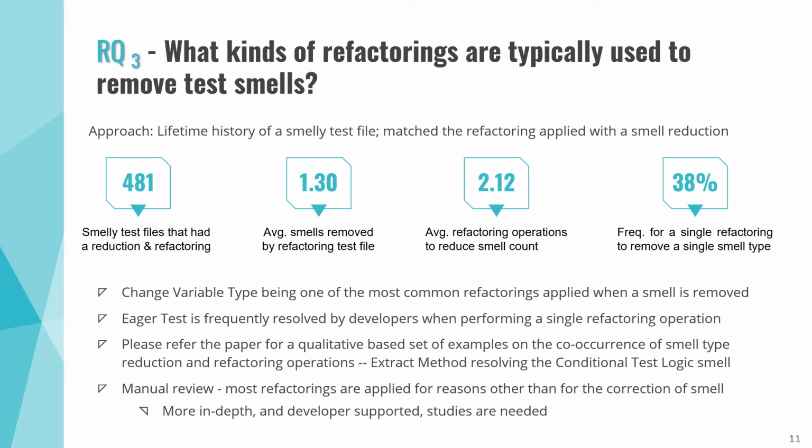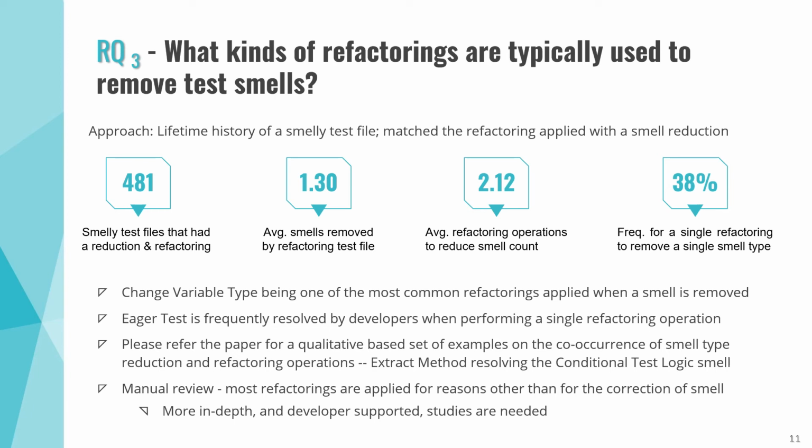As shown, we analyzed 481 such instances. On average, one smell was removed when a test file was refactored, and around 2 refactoring operations were applied on average to reduce the smell count. In most cases, a single refactoring removed a single smell type.